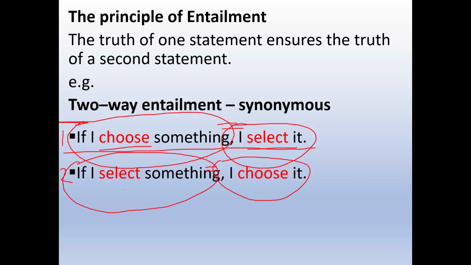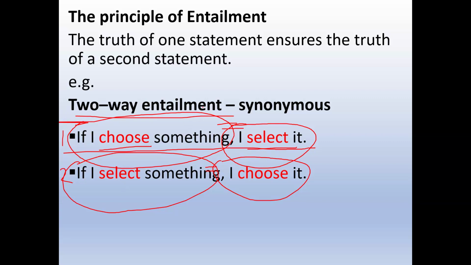Why does that happen? Because choose and select are 100% similar synonyms. We identify this kind of relationship as two-way entailment, right? Two-way entailment under the principle of entailment.